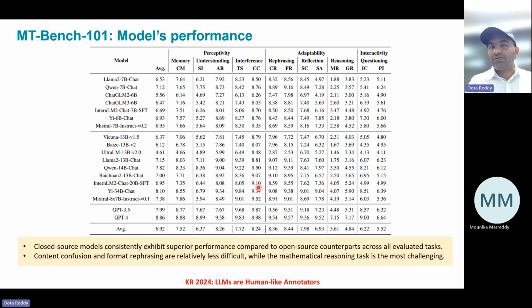Whereas if we take the mathematical reasoning task, MR, open source models perform poorer, while closed source models like GPT-4 perform much better. So overall, closed source models perform much better, even on multi-turn conversations, and also in terms of reasoning abilities.